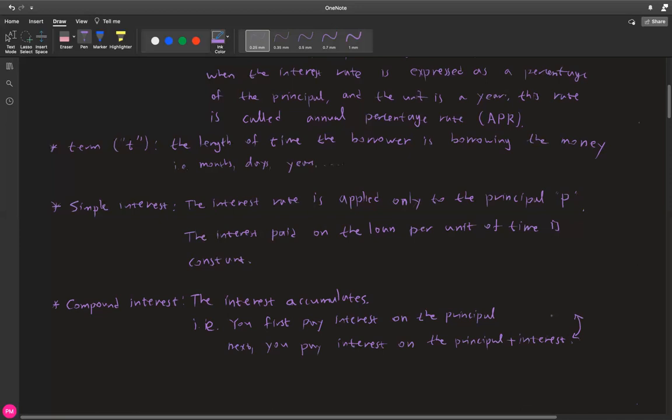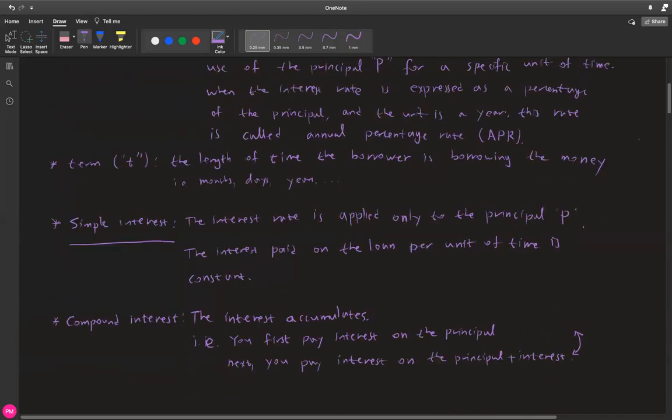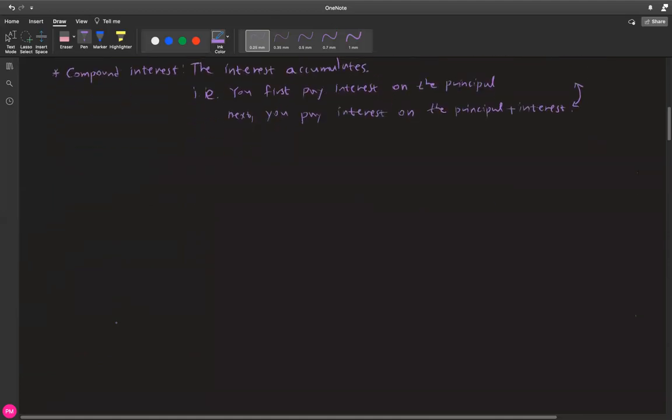Usually 9 out of 10 times in real life, if you ever borrow money or lend money to someone, it's going to be compound interest. This involves a little more calculation than simple interest, but today we're only going to focus on simple interest. More on that later. So let's talk about simple interest now.